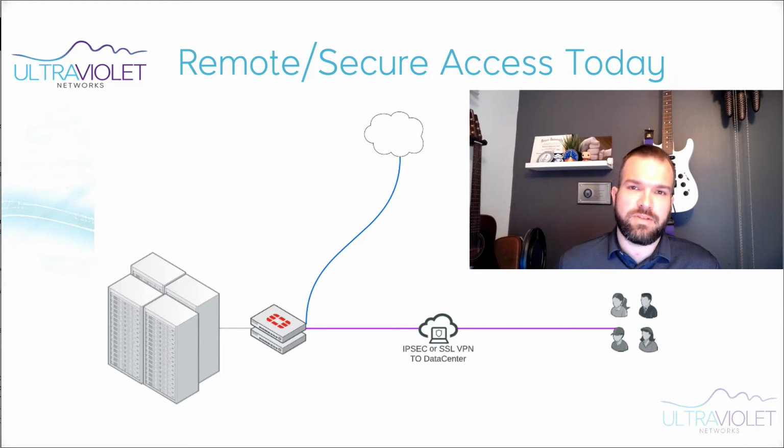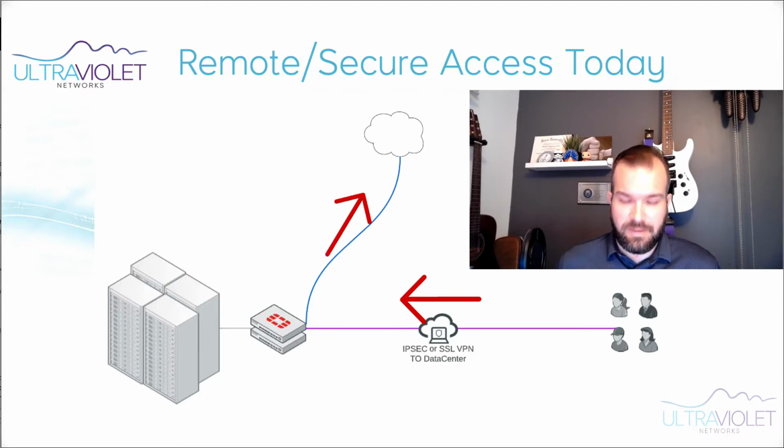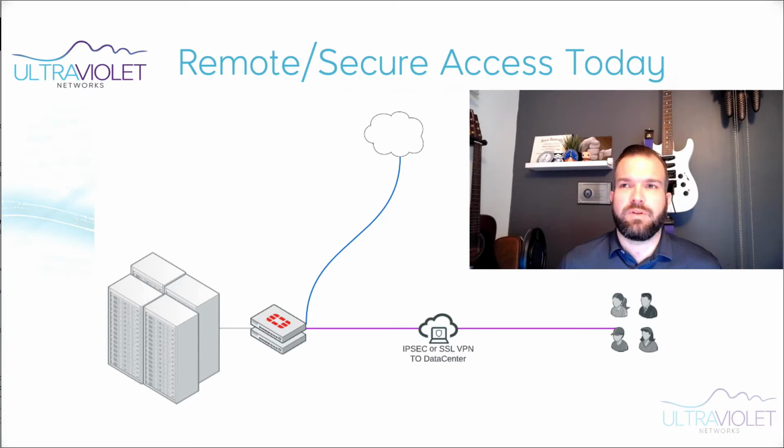Now, a lot of organizations will look a lot like this. This is a very simplified version of that, but basically all of your internet traffic, all of your data center bound traffic, all goes through this purple line here, and then the stuff bound for the internet goes out the blue line. And that's all great and well, except the increase in users working remote created a strain on the internet connectivity.